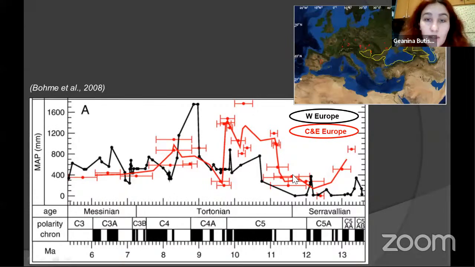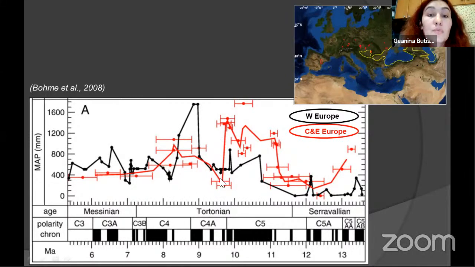And what they found is that actually for Central and Eastern Europe, we have a very humid climate from approximately 11.3, 11.4 million years until 9.7, exactly the moment when the crisis also starts in our section, so to say. So this is what we see also in Taman Peninsula.